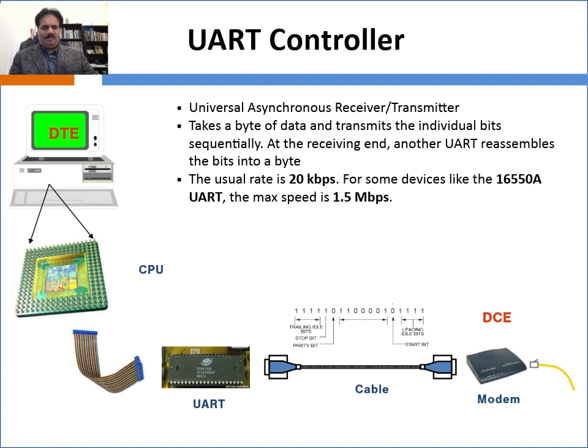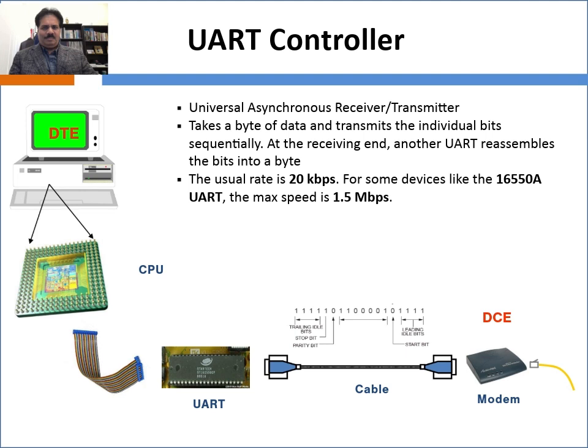You know what's the meaning of byte and bit? Bit is just a single zero or one. Byte is composed of zeros and ones, but the length is eight numbers. So it takes the byte and then sends the data as individual bits sequentially. At the receiving end, another UART reassembles the bits into a byte again. Since data is being transmitted, there must be some kind of data transmission rate.